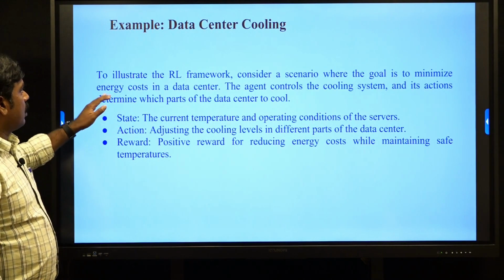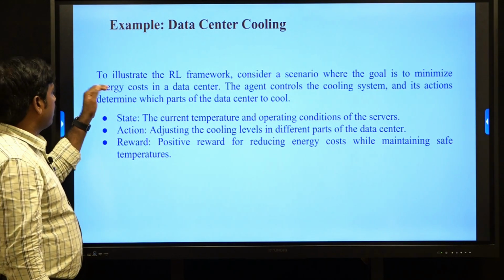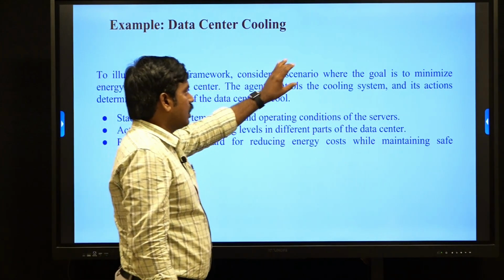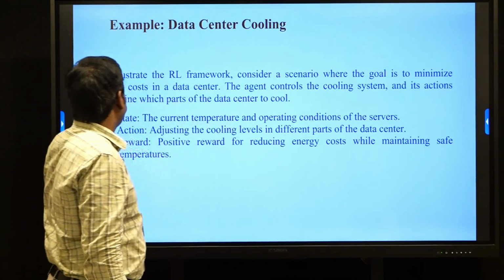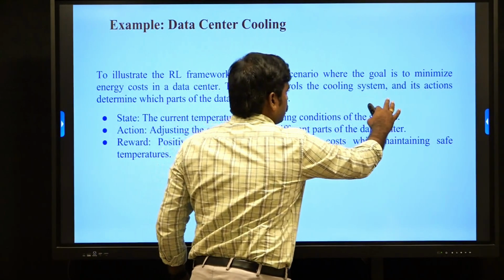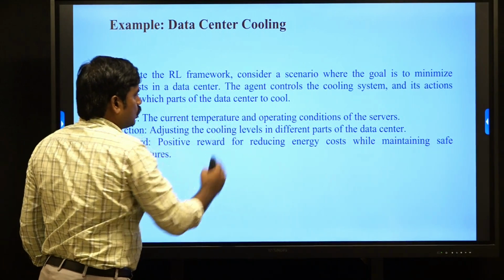Next is an example: data center cooling. It is the main problem definition to illustrate the reinforcement learning framework. Consider a scenario where the goal is to minimize the energy cost in a data center. The agent controls the cooling system and its actions determine which parts of the data center to cool.